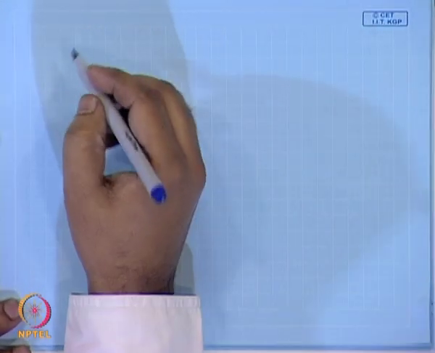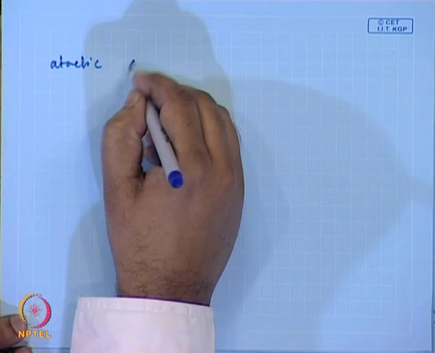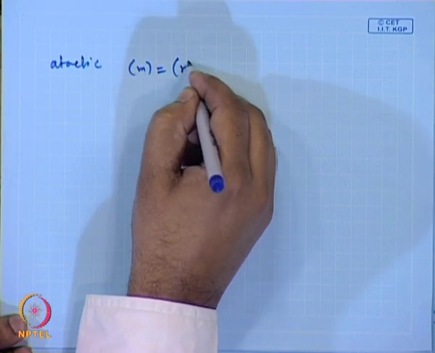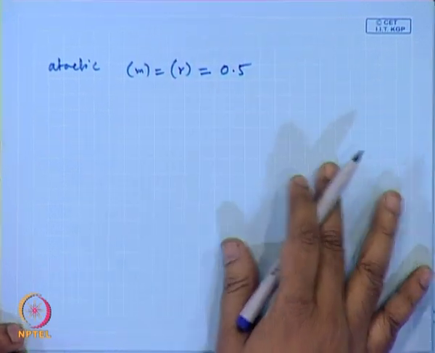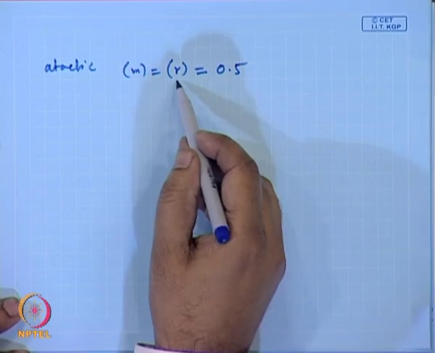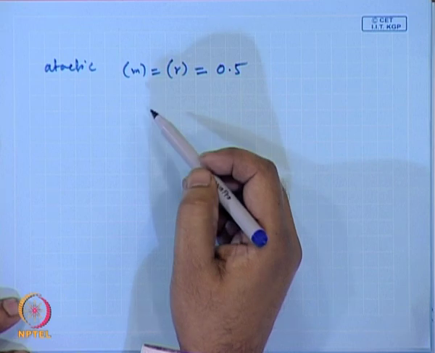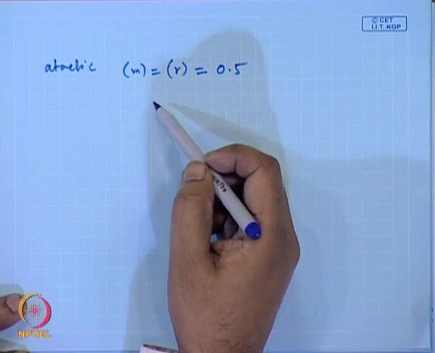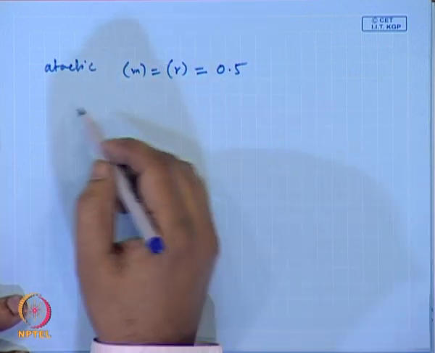Now, for an atactic polymer, both fractions, M and R, will be equal to half. So, half of the dyads will be in meso form, half would be in racemic form. So, basically it is a 50-50 mixture of meso dyads and racemic dyads, which is a completely atactic polymer.